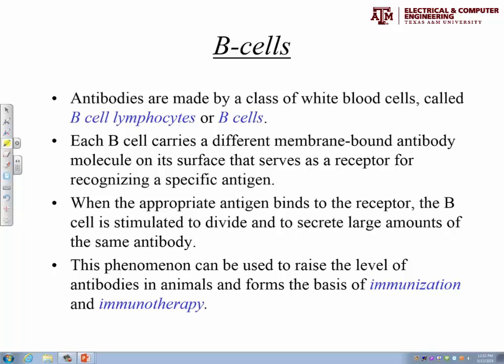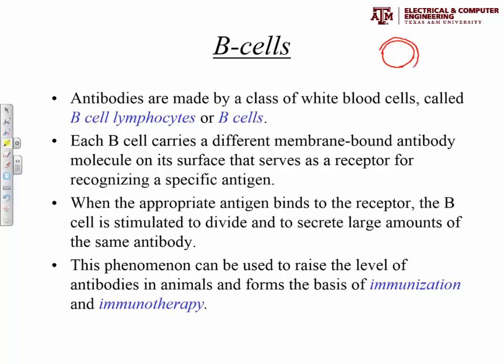Okay, so here, what they're saying is that each B cell, if you look at the membrane of that B cell, you are going to have the antibody, that Y-shaped molecule, on the membrane for a particular B cell.